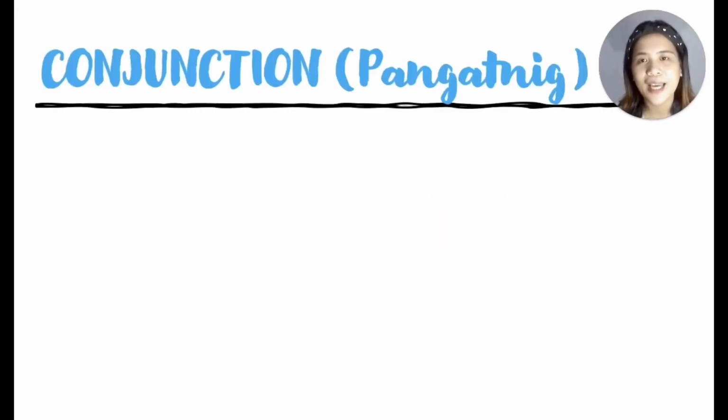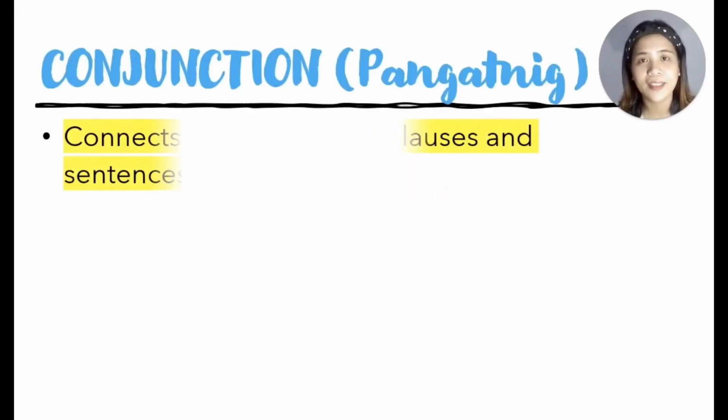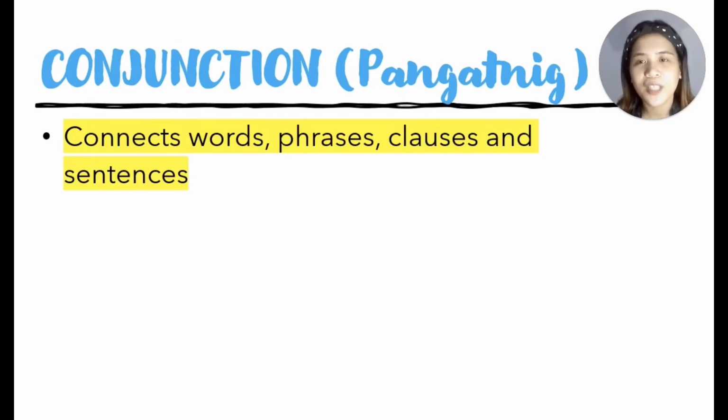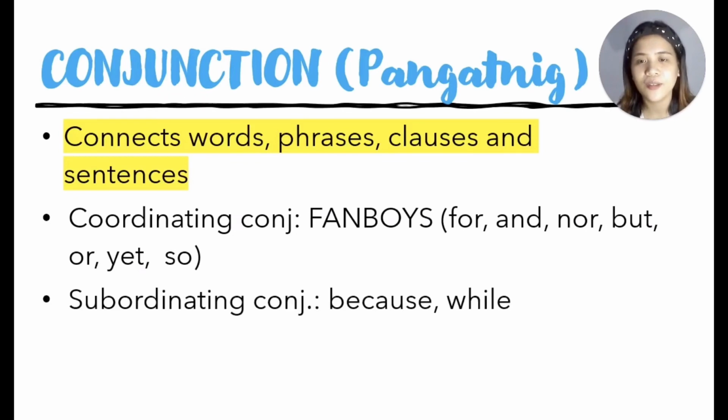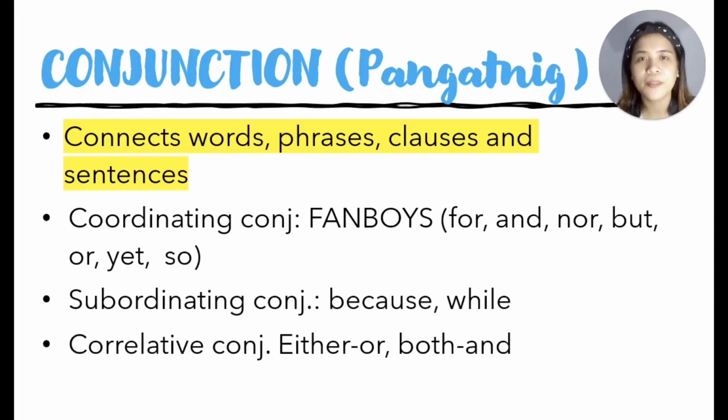Number 7, we have conjunction or pangatnig. Conjunction connects words, phrases, clauses, and sentences. So there are actually 3 types of conjunctions. We have coordinating conjunctions, subordinating conjunctions, and correlative conjunctions. So for coordinating, I'm sure you're familiar with FANBOYS: for, and, nor, but, or, yet, so.